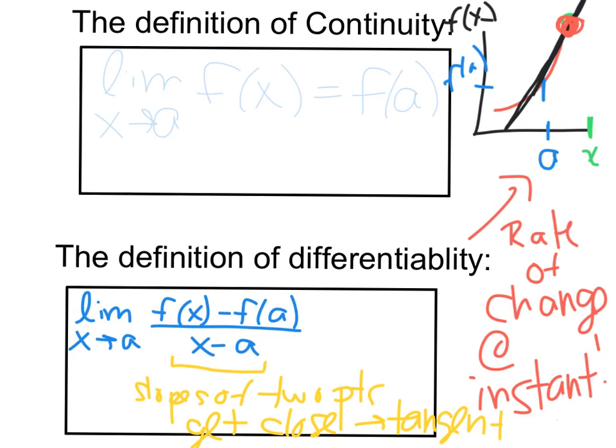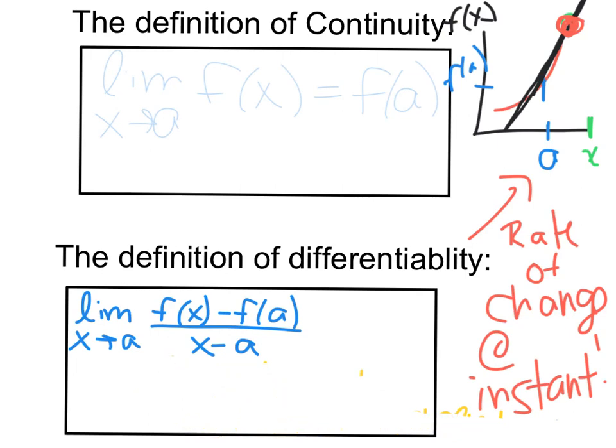Now another definition of the limit that we'll use today is the difference between those points, the distance between x and a. Sometimes we can just call that distance h, because we're really looking for the derivative at a point. So let's say we're looking for the derivative at some point on our function f of x. We can just use h to signify the distance between those two points.